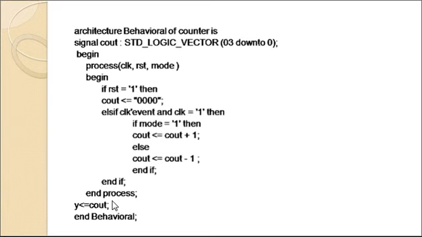You may ask why I use that signal C out over here. The purpose of using signal C out is that Y I have defined as out. If you see the statement after mode is equal to 1, that statement is C out is assigned C out plus 1.